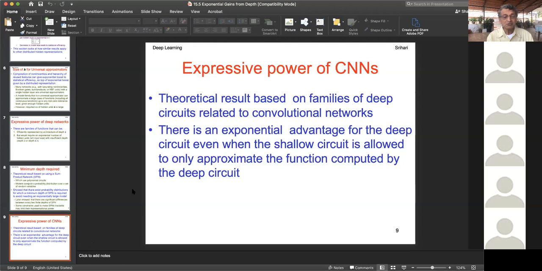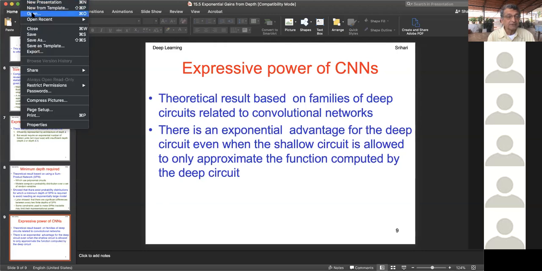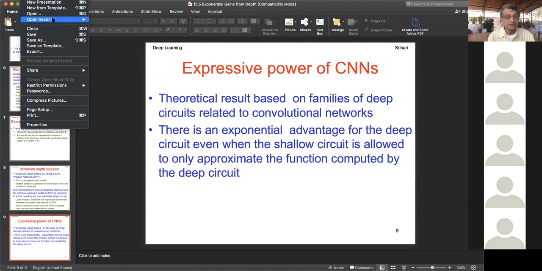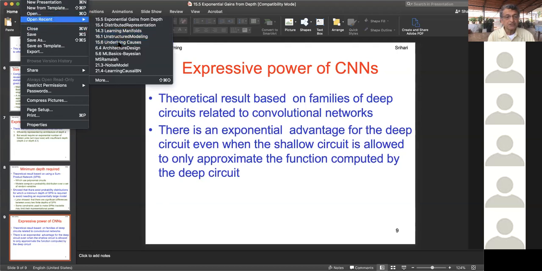All right. I got one more set of slides, and let me see if I can follow the discipline of sharing that properly. First thing, I have to find those slides, then I have to share it with you all. Okay. So this is going to be on the clues, which is 15.6, I think. Underlying causes.